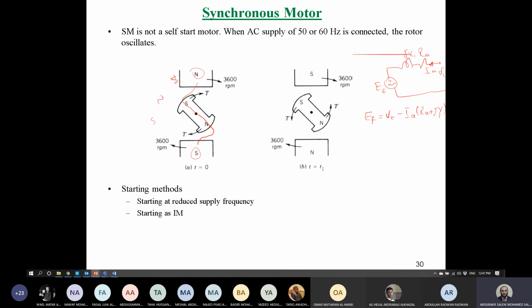When you rotate this flux, this N will move and the S pole will come instead of it. Which means that the N will be changed to S very fast. So if the rotor starts moving to be attracted to N, the polarity of N will be changed to S, so it will start to move in the other direction.